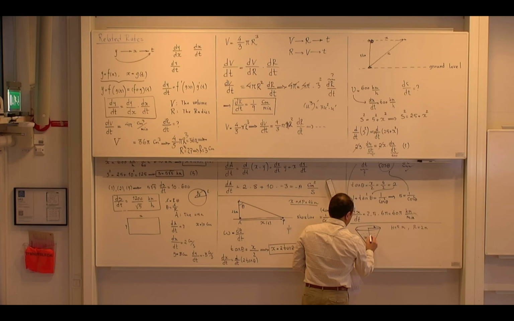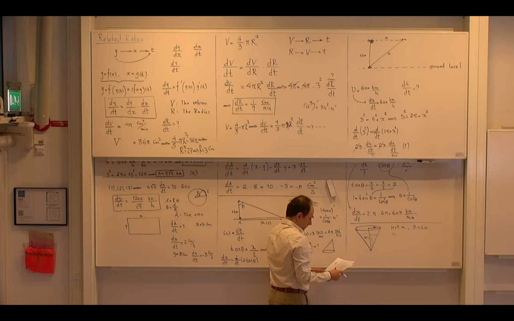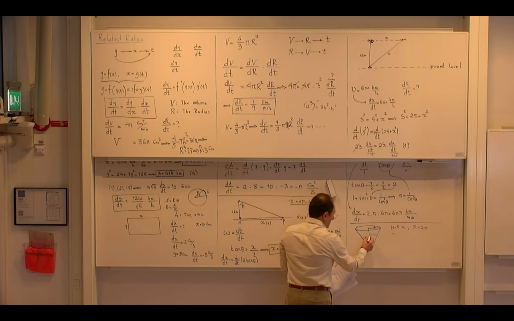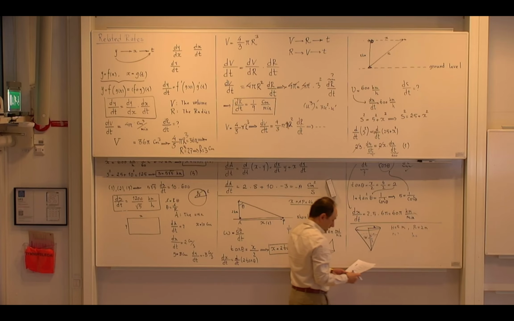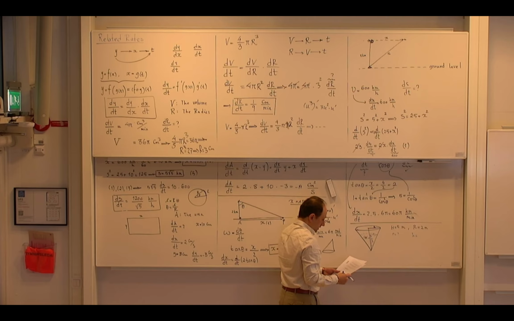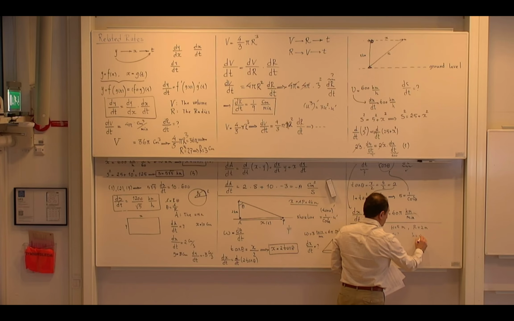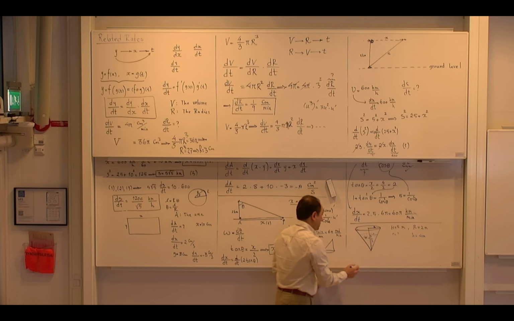Let me call the radius of this part of the water small r, and the depth of water little h. We don't know r, but little h is given to be 4 meters at that instant of time, and of course water is leaking out.